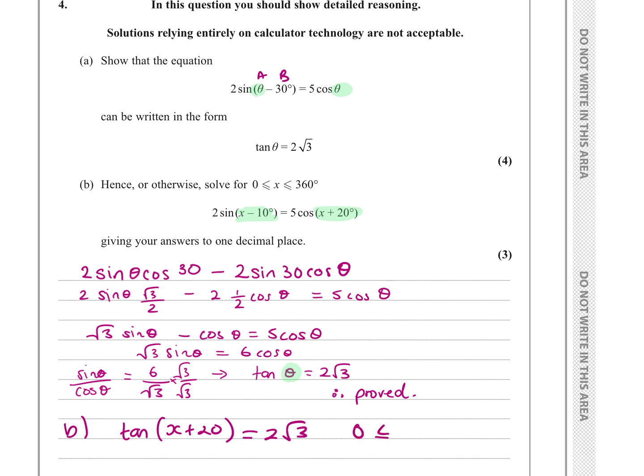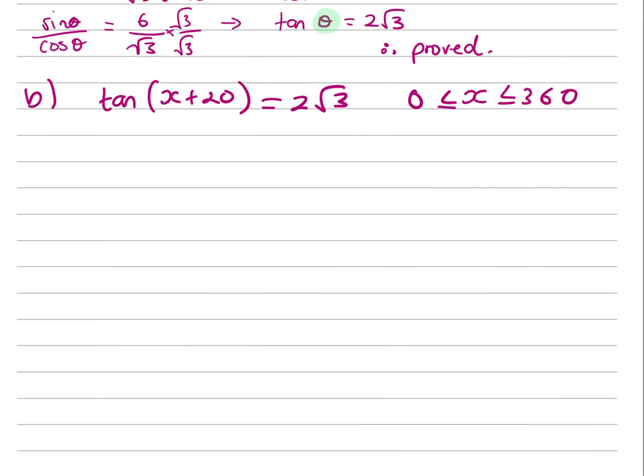And I want to do this between 0 and 360 for x. Yeah? So, now what I'm going to do, change my interval. X plus 20 is less than or equal to 380 and greater than or equal to 20. Okay? Then, so x plus 20 equals shift tan 2 root 3.